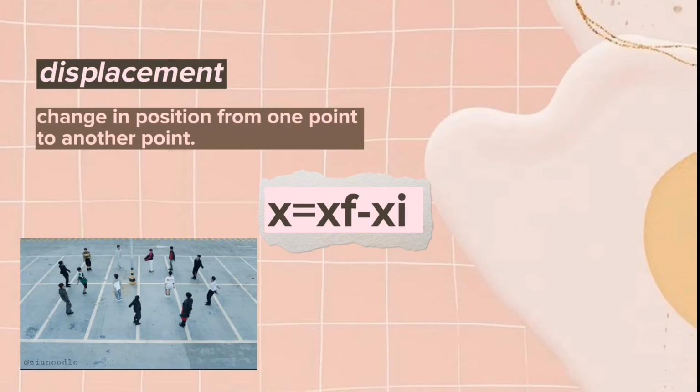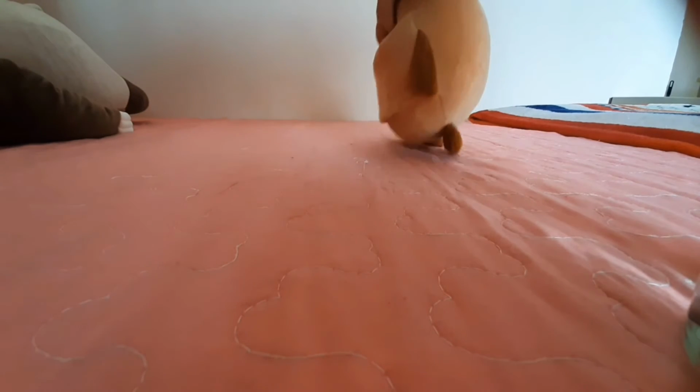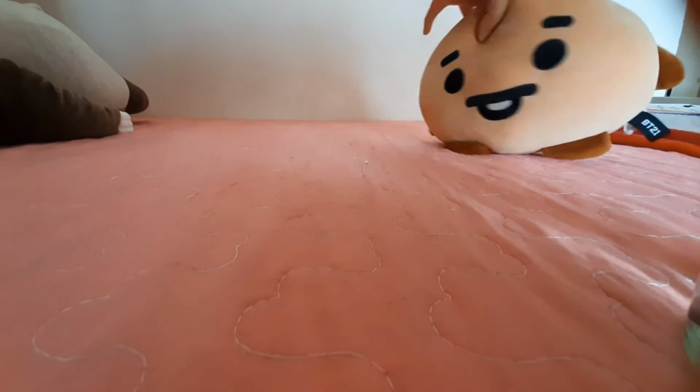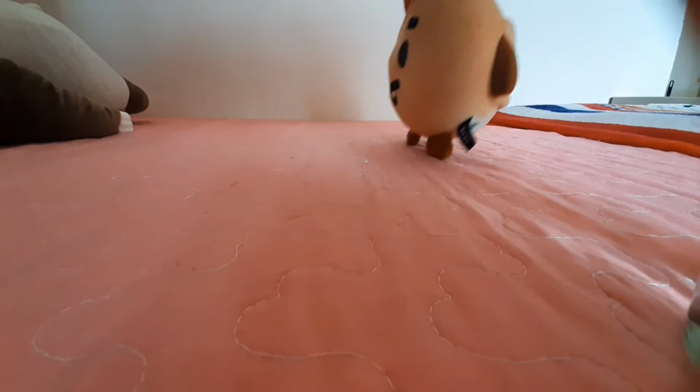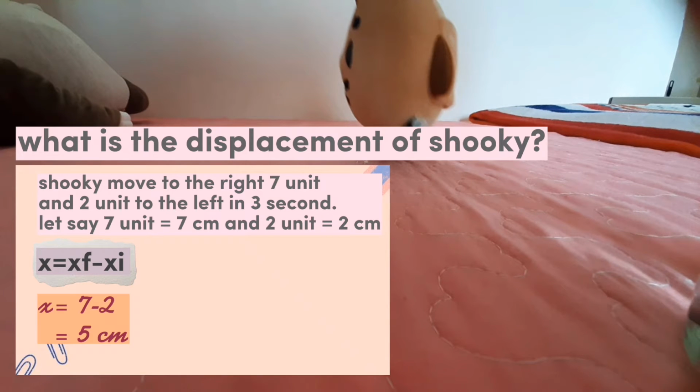So, let's watch a video and apply the formula. The situation in this video is Shuki moved to the right 7 units and 2 units to the left in 3 seconds.